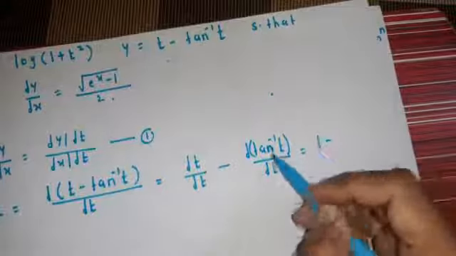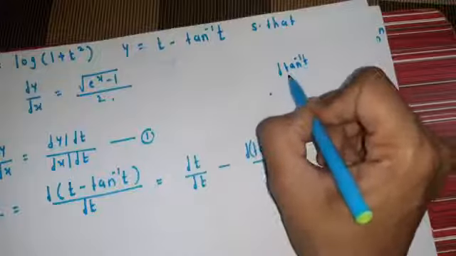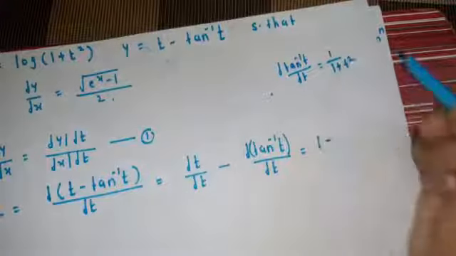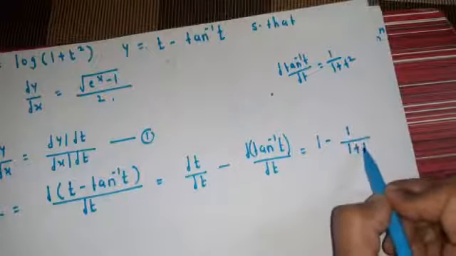The formula for differentiation of tan inverse of t with respect to t is 1 upon 1 plus t square.